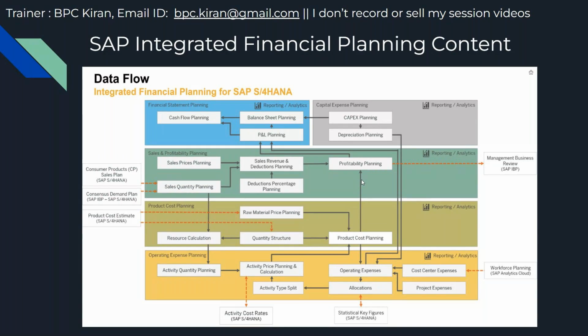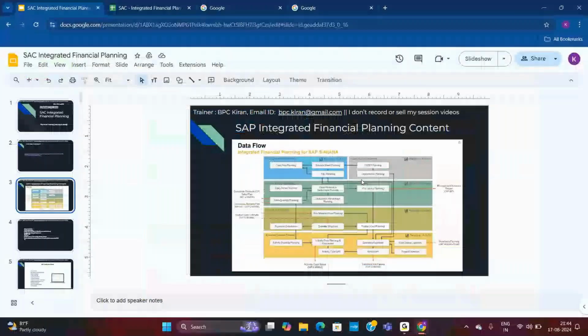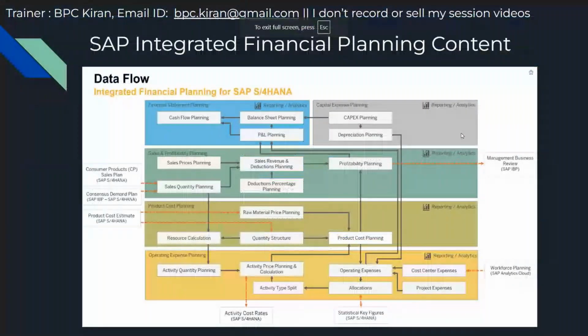If they want to use S4 HANA, they're not going to use SSE, and we are only talking about SSE. Another question: if the client is on S4, what do they have for financial planning?